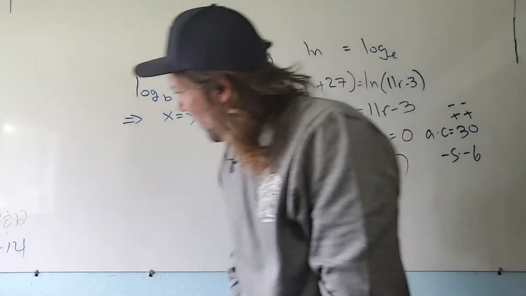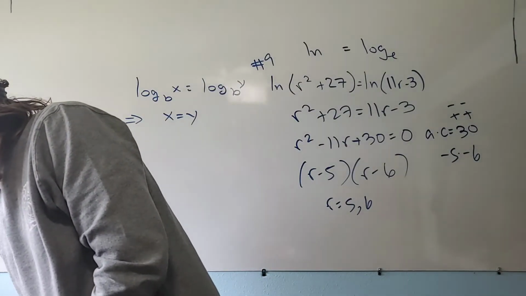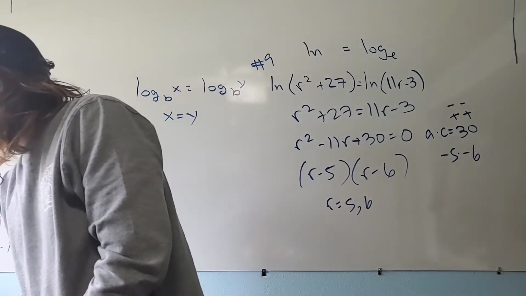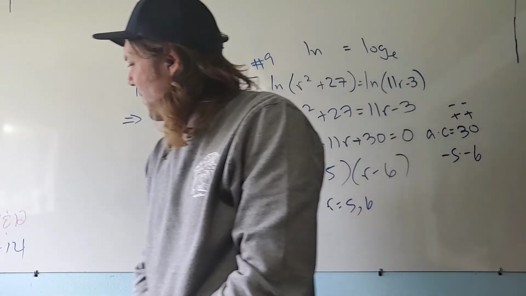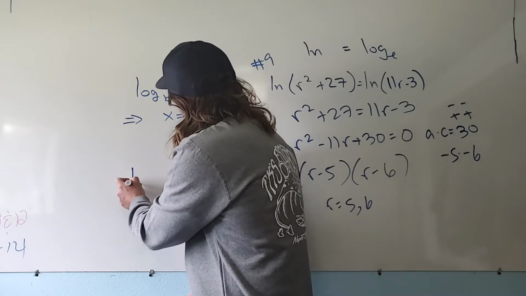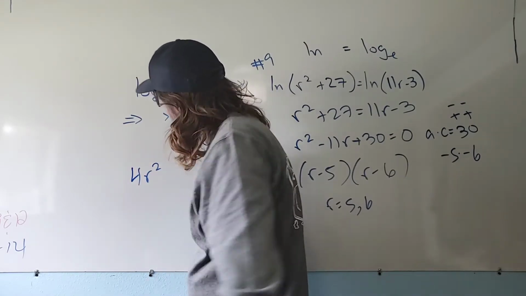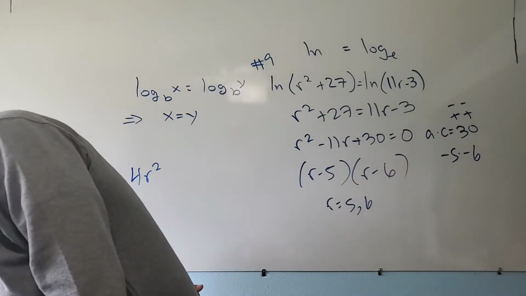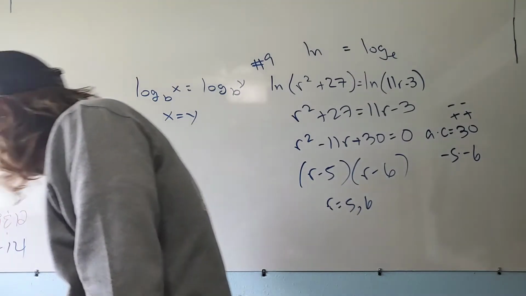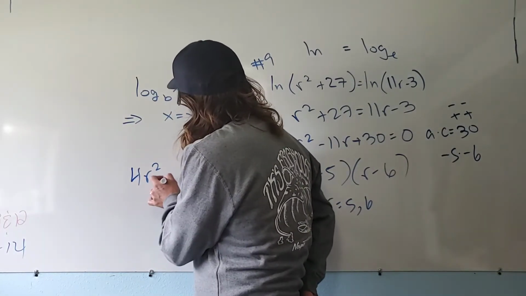Number 12, I'm assuming the problem probably came with the factoring. So let me start off with this one. We should hopefully have gotten to this point on the problem. 4r squared is equal to negative r.